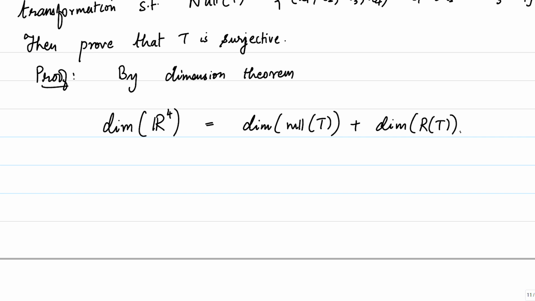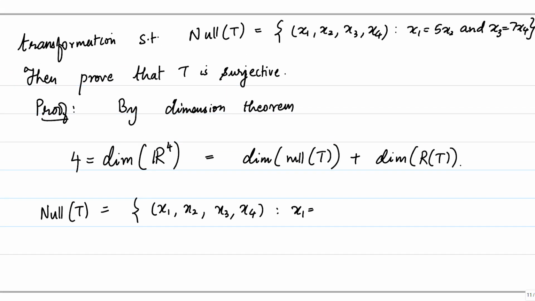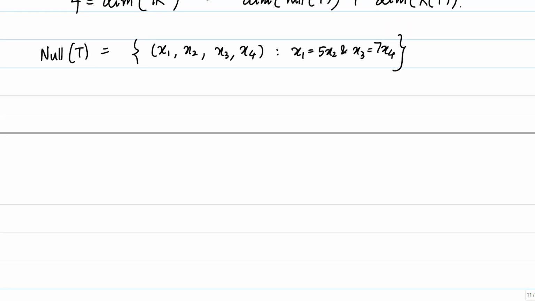And we know exactly what the left hand side is. R4 has dimension 4. Now let's look at the null space of T that is given to us. The null space of T is the set of all (x1, x2, x3, x4) such that x1 is equal to 5x2 and x3 is equal to 7x4. I will not elaborate on this.